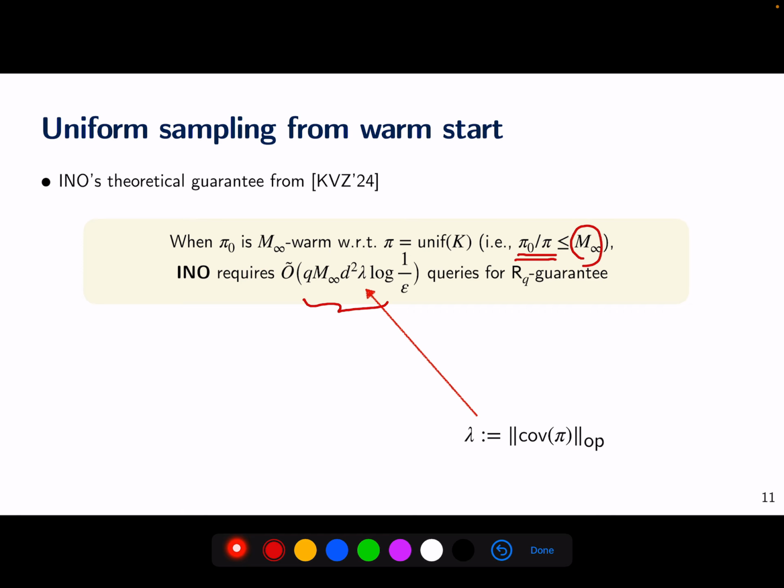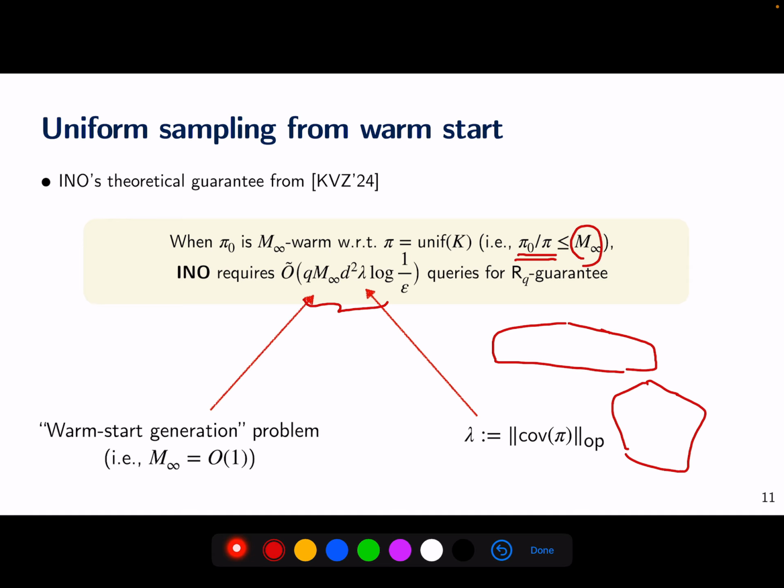Here lambda is the largest eigenvalue of the covariance matrix of phi, and like I mentioned a little bit earlier, this lambda basically captures how skewed your convex body K is. So if your convex body K is very skewed, then lambda is likely quite large. But if your convex body is isotropic, well rounded, then lambda is just 1.